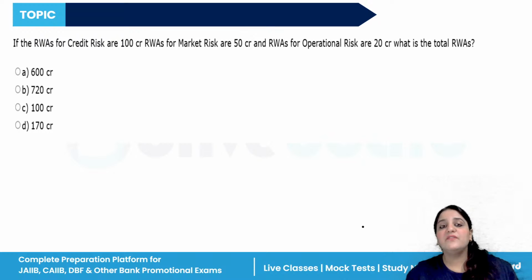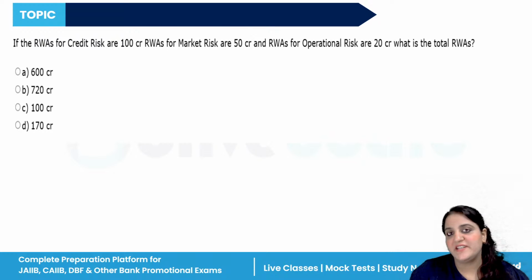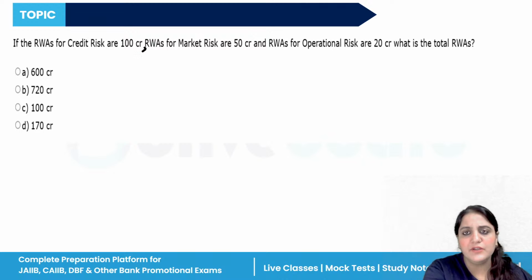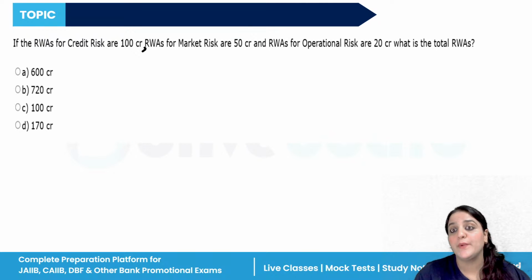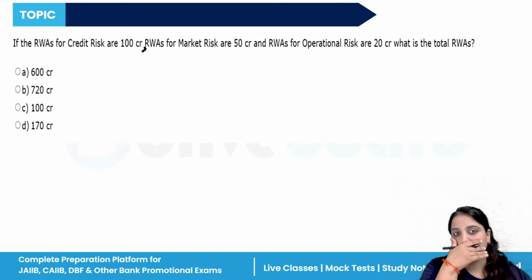If the RWA, risk-weighted assets, for credit risk are 100 crore, RWA for market risk are 50 crore, and RWA for operational risk are 20 crore. So what is the total RWA?